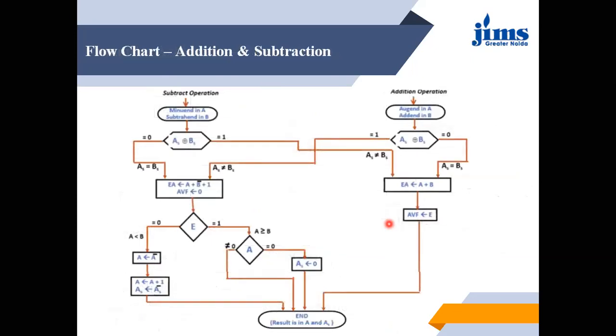Now the flowchart of addition and subtraction. As I told you, by using one circuit we can implement this. So we are using addition and subtraction in the same path. Only we will check over here whether this is for addition or for subtraction.